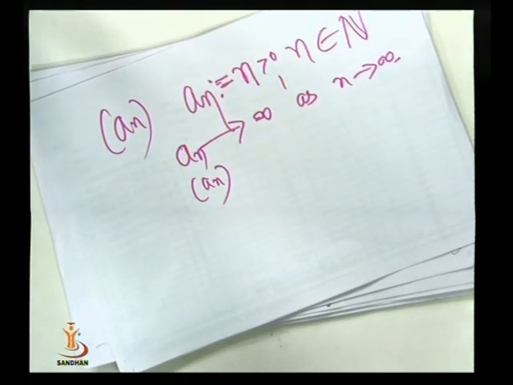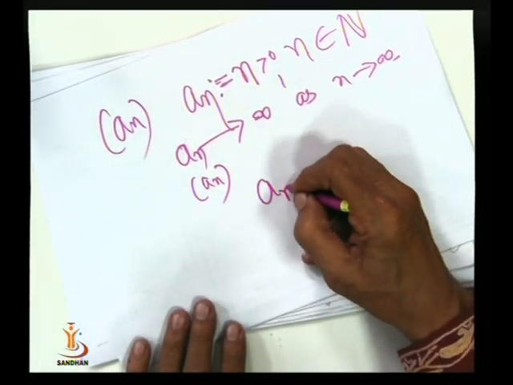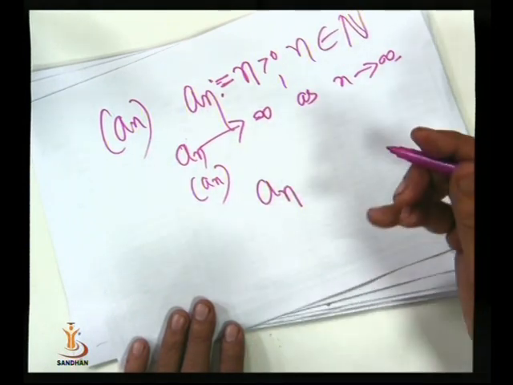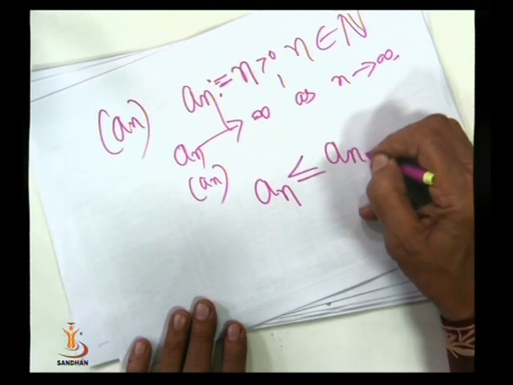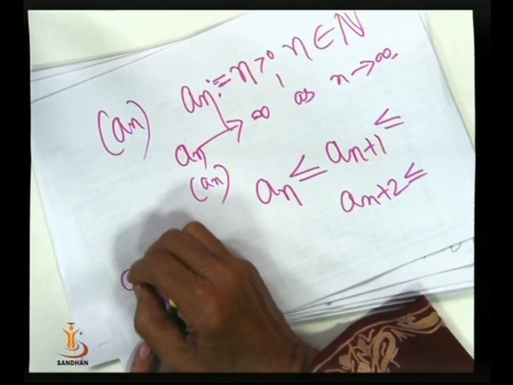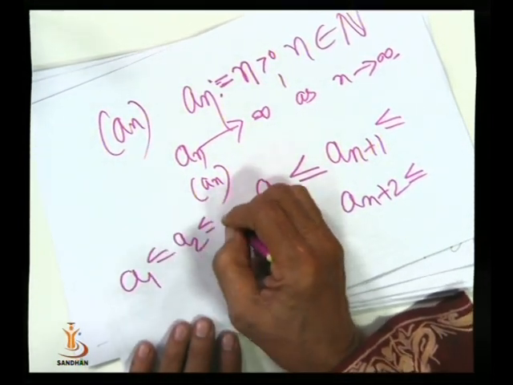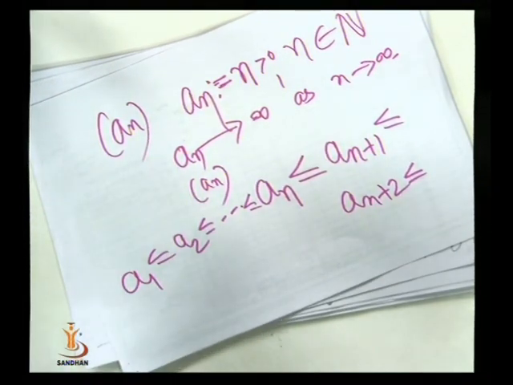Now if the sequence is monotonically increasing, in the sense that the terms get larger and larger, so a_n is less than or equal to a_{n+1}, less than or equal to a_{n+2}, and so on, a_1 less than or equal to a_2, and so on, we say the sequence is monotonically increasing.